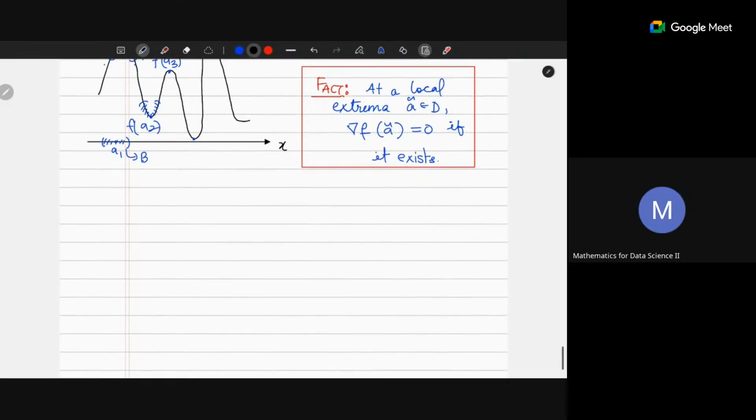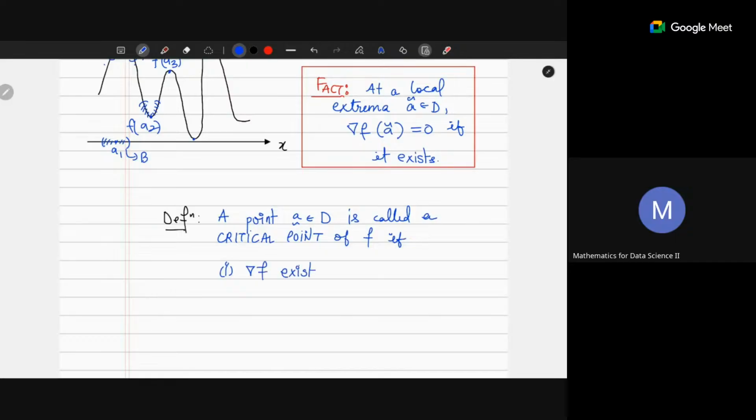Okay, so now the definition of critical points comes. A point A tilde in D is called a critical point of f if, number one, the gradient exists at A tilde and the point, two, it is 0.